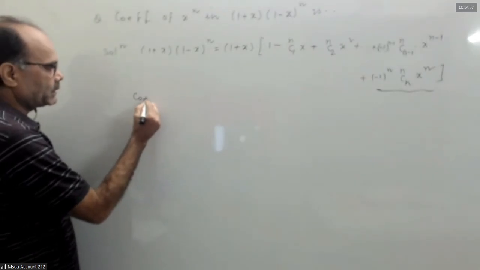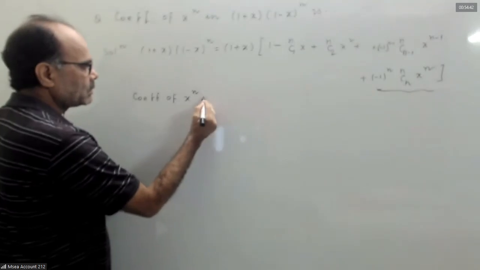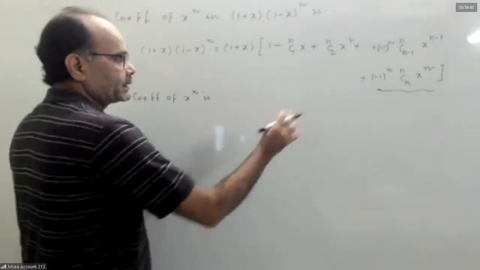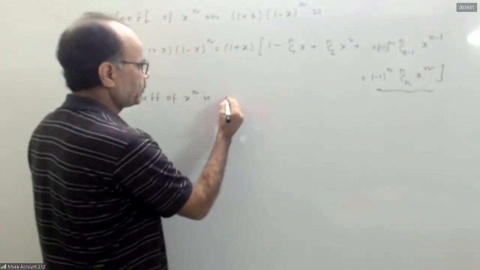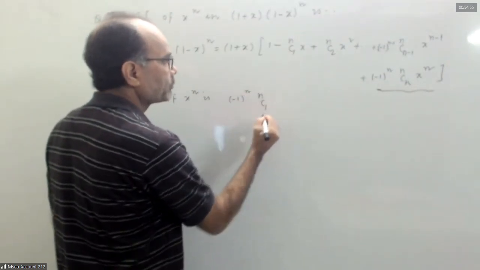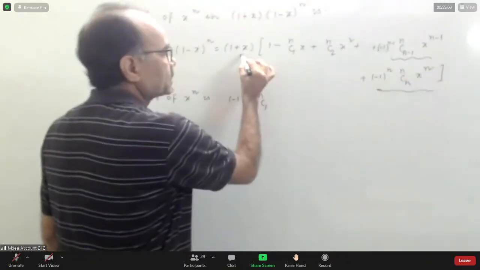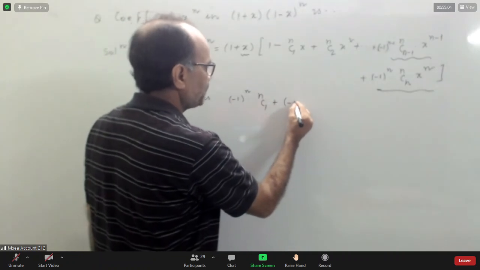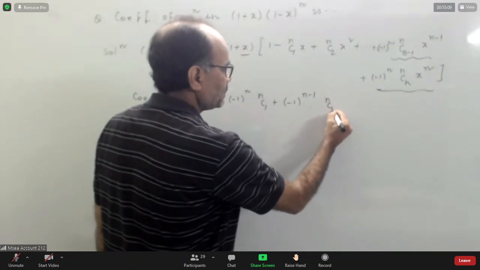Coefficient of x to the power n is minus nCn, which is 1, plus this into x to the power n, minus 1 to the power n minus 1 into nC(n minus 1).